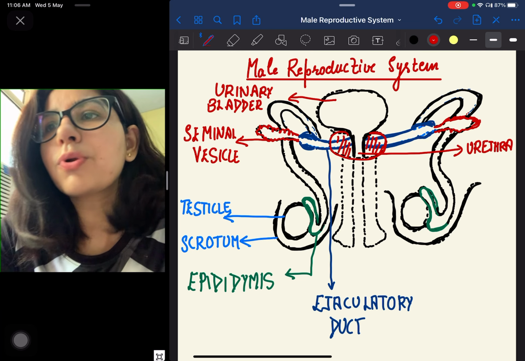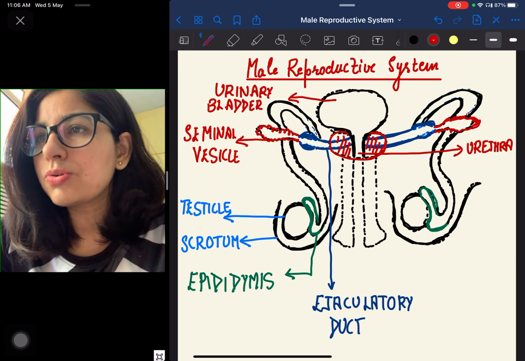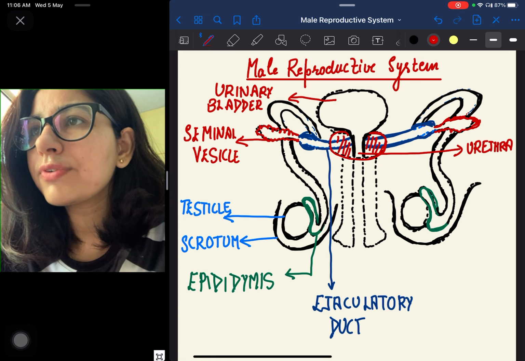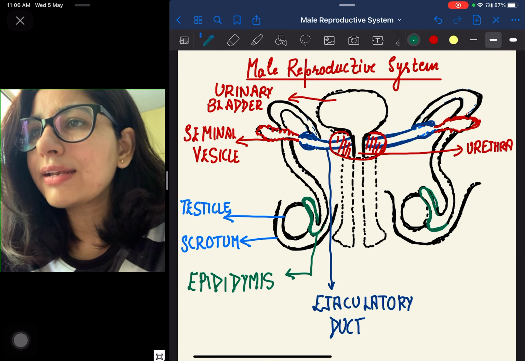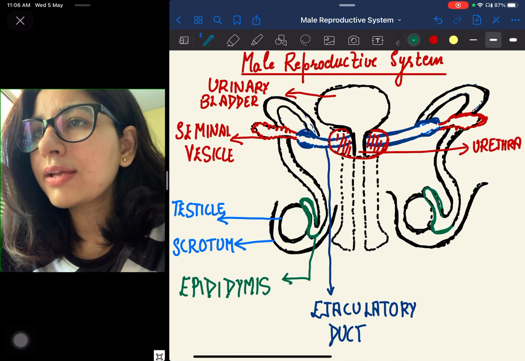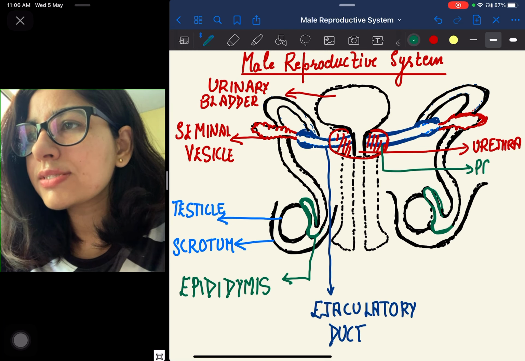This is prostate gland, right? So let's mark this gland first, and I'm taking another pen to mark this gland. And this gland is prostate gland.